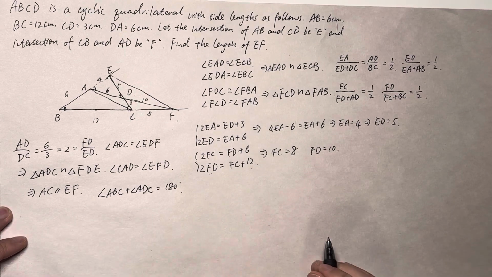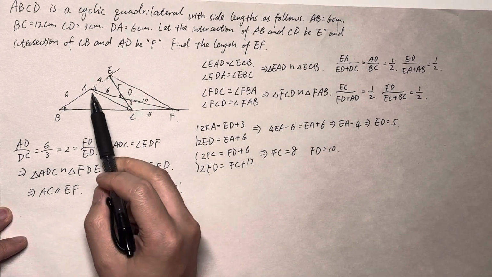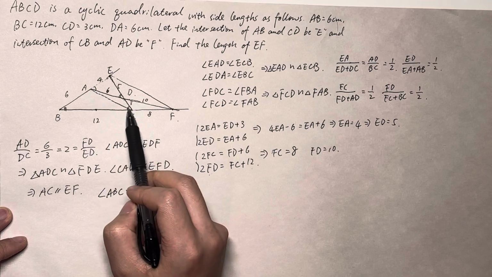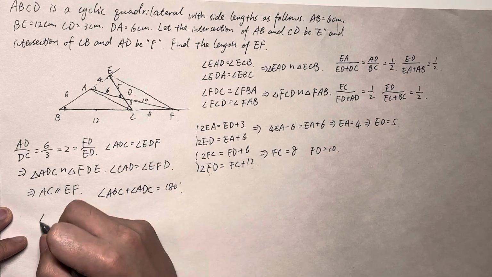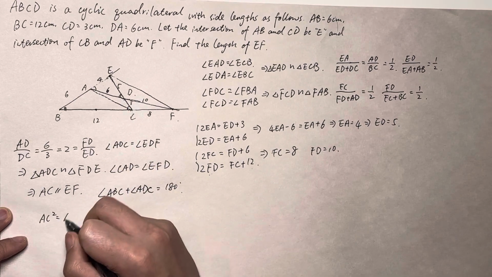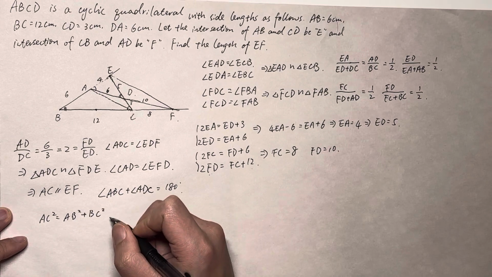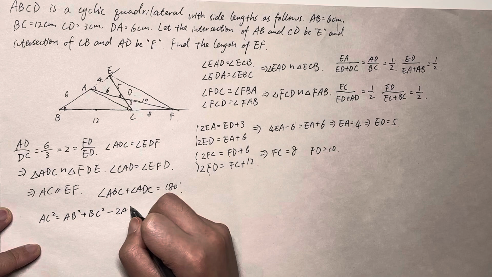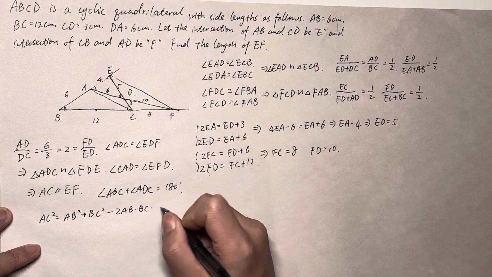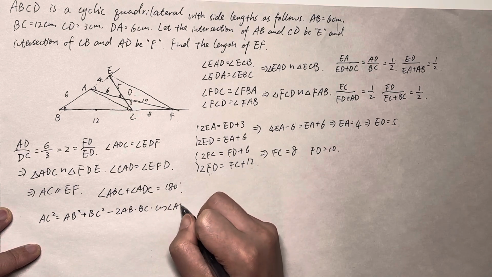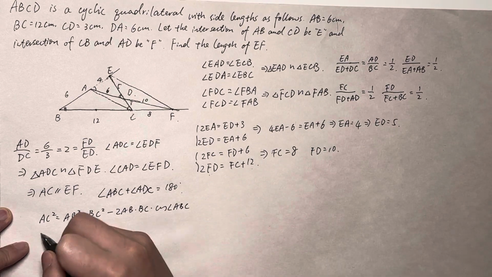Then we can use the cosine rule for triangle ABC and triangle ADC. We have AC squared equals AB squared plus BC squared minus 2 AB BC cosine angle ABC, right?